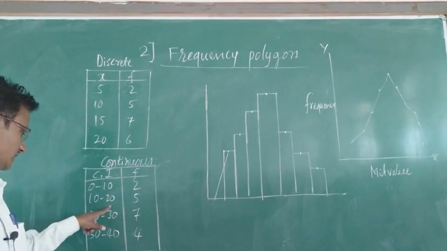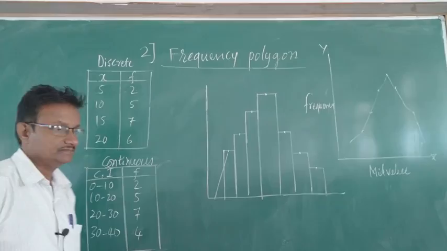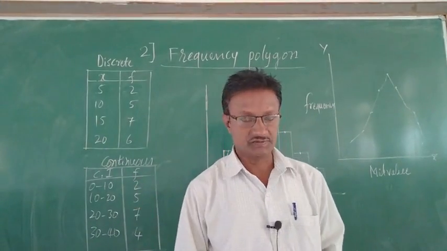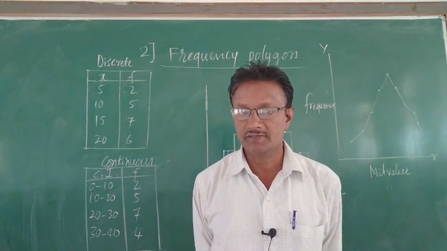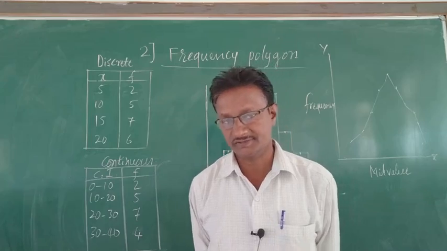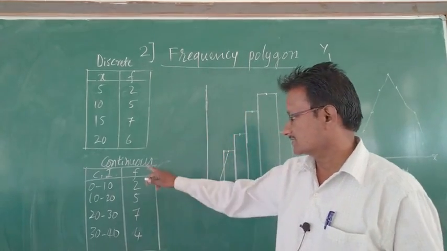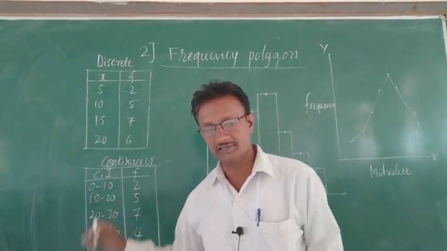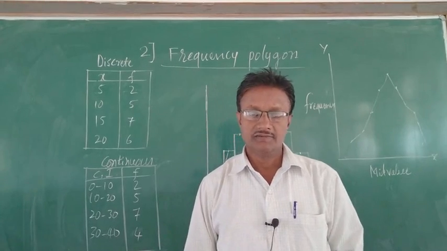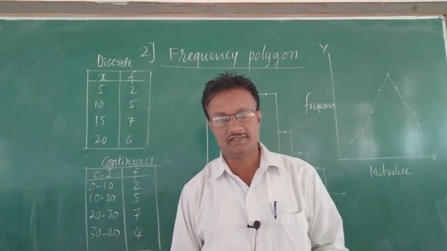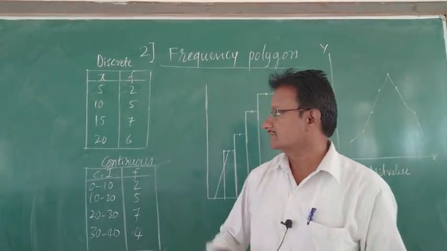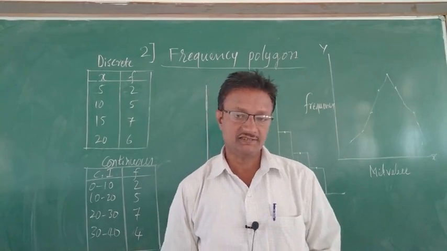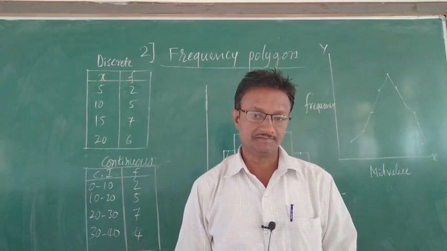Likewise 10 to 20, 20 to 30, 30 to 40. These are the class intervals with corresponding frequency. So frequency indicates the number of times a value repeats, and this is called continuous frequency distribution because here there are class intervals. So frequency polygon can be constructed for discrete frequency distribution as well as for continuous frequency distribution.